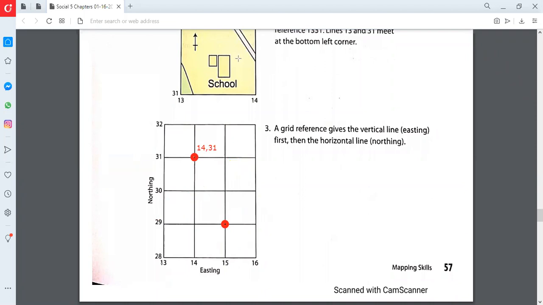The address of this spot is 15 comma 29, or 15 eastings 29 northings. So this is a way to find out the spot. Your WhatsApp locations all work in the same perspective. Normally they call it latitude and longitude.